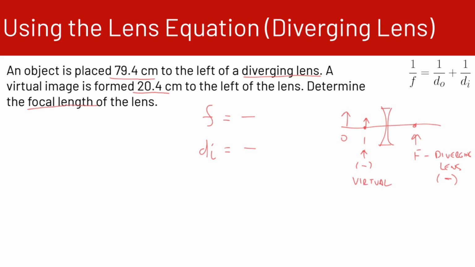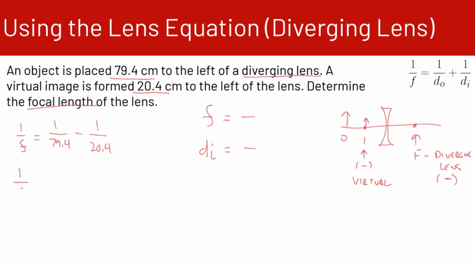So we want to know the focal length. So we have 1 over f is equal to 1 over 79.4 minus 1 over 20.4. So we'll simplify.